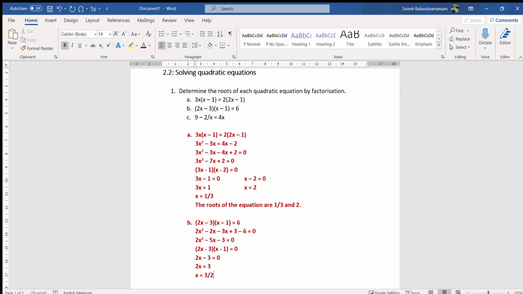Okay, let me check my equation to check whether it's correct or not. Oh, okay, I made a mistake here. It's negative 3, but this one I will not get negative 3. I get positive 3.